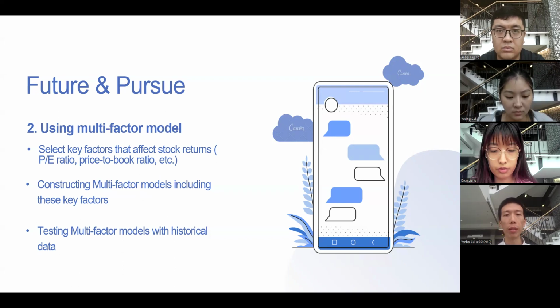By implementing these plans, we can not only strengthen the robustness of our existing strategies, but also prepare for possible market changes in the future. This means that no matter how market conditions change, our investment strategy can respond flexibly and maintain stable performance.